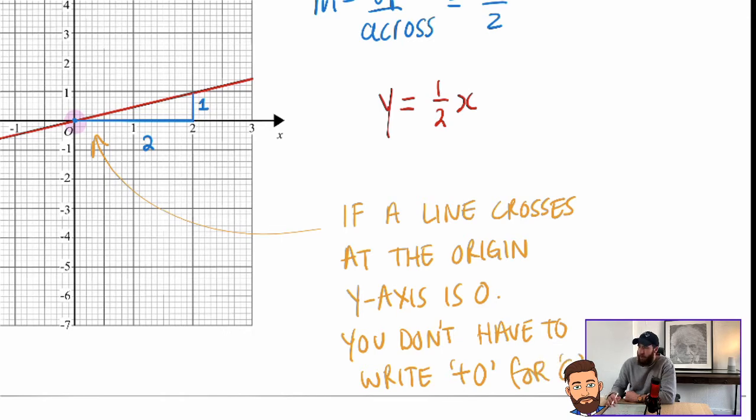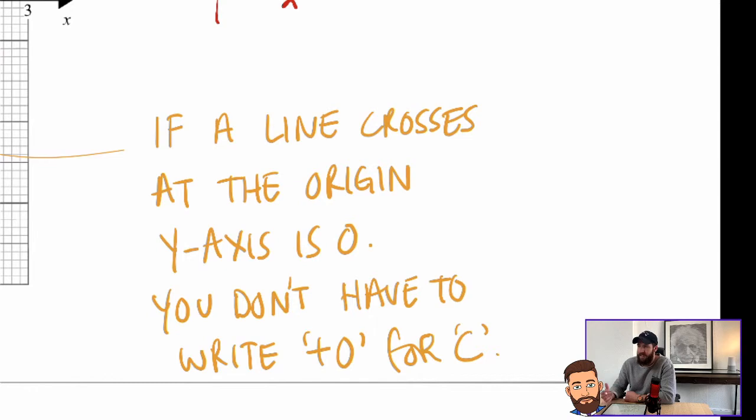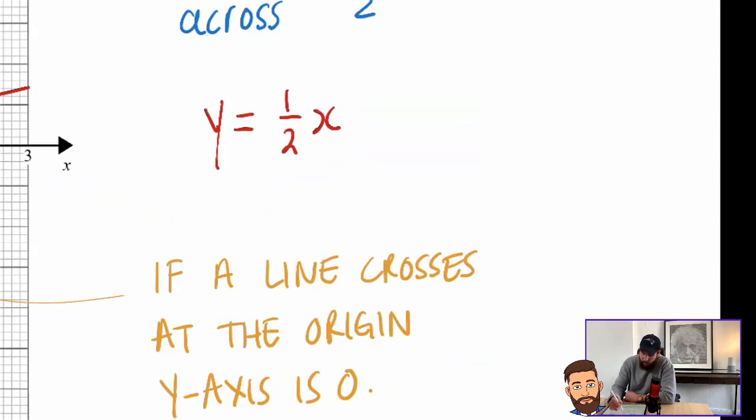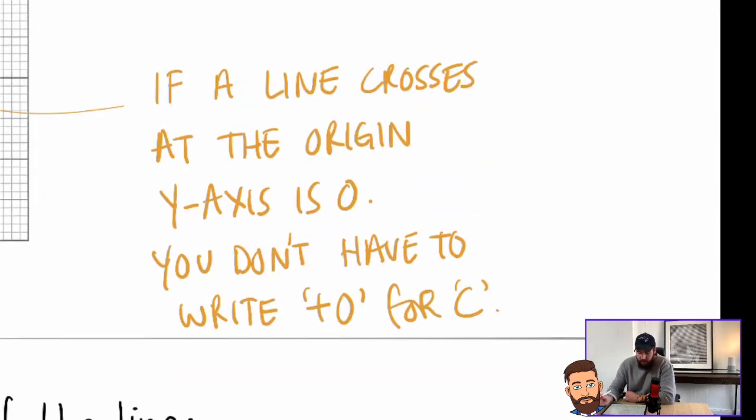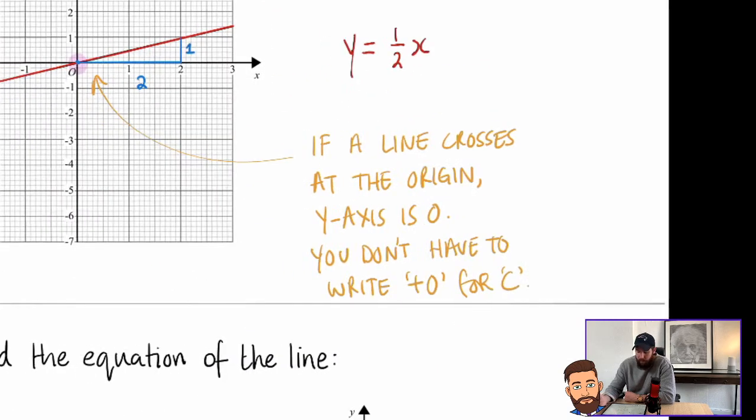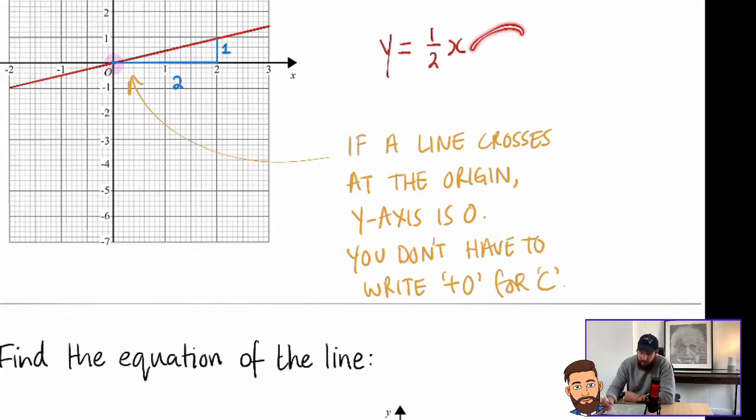Hopefully, me using the word c, you know I'm talking about the y equals mx plus c. So we just leave it blank, and we should know that if there is no plus c, it means it crosses at the origin, and we looked at that yesterday.